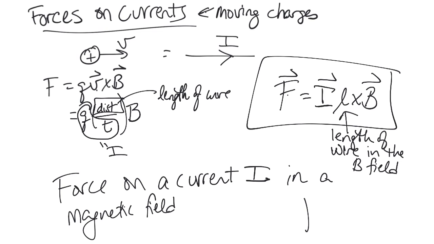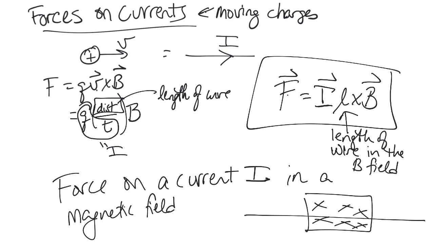Because you can have regions of B field, and then you have a long wire. It's only going to be this length that's in it, okay? And then this I is a vector, right? And again, that's the direction of the conventional current, so that's really the direction of positive moving charges.